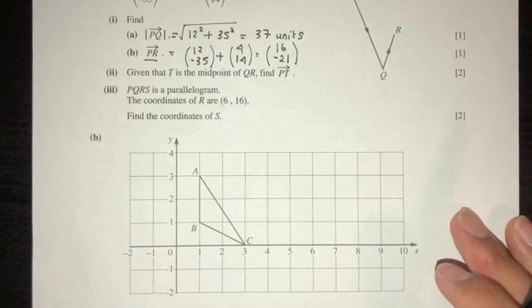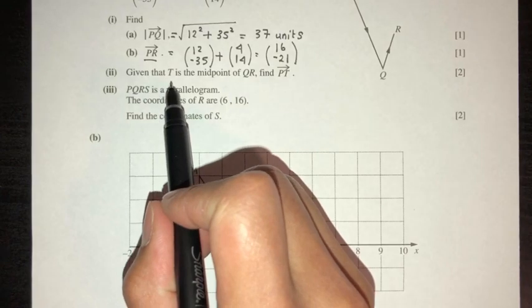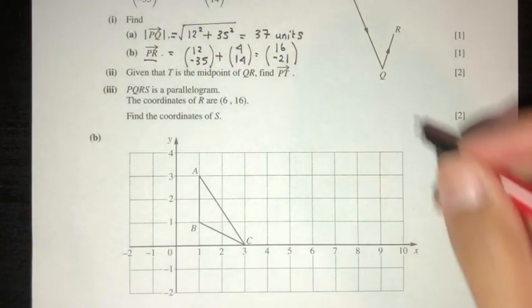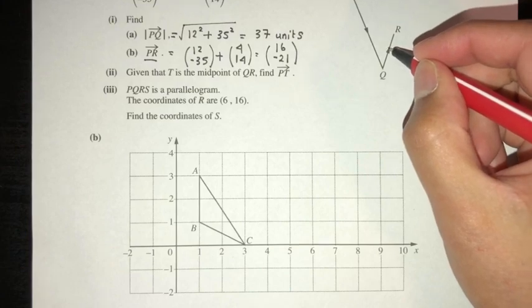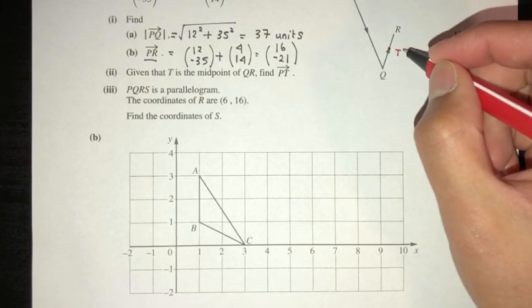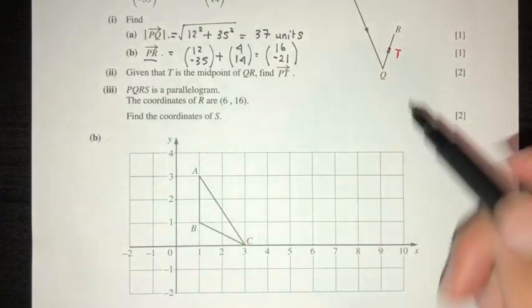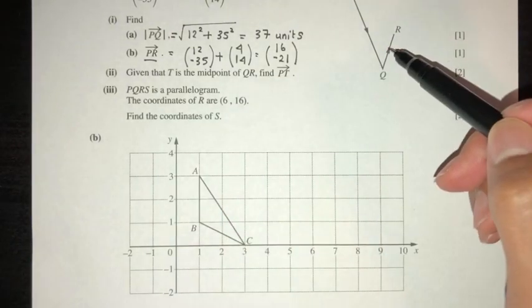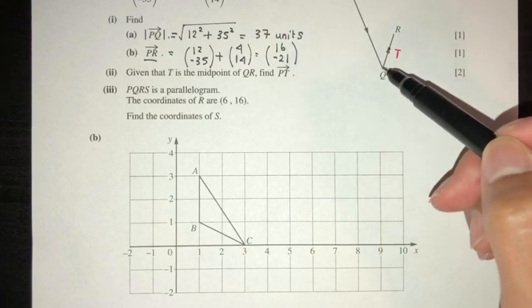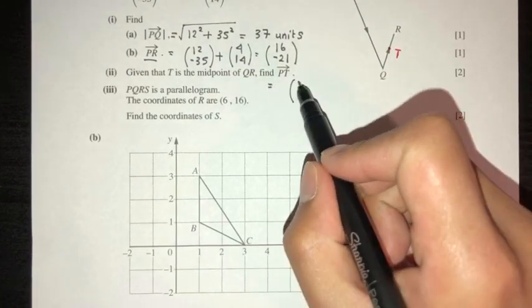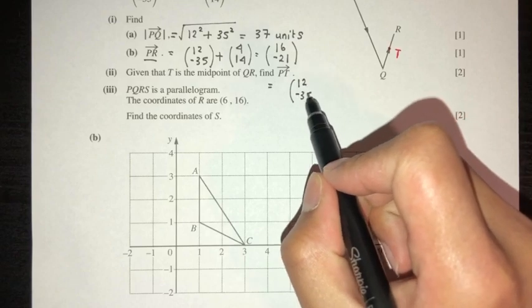Now for part 3, given that T is a midpoint of QR, find PT. So T should be somewhere around here, which is a midpoint of QR. Now to find PT, we have to begin from P and go to T. So first we go to Q, then Q to T. PQ is given to you by (12, -35).